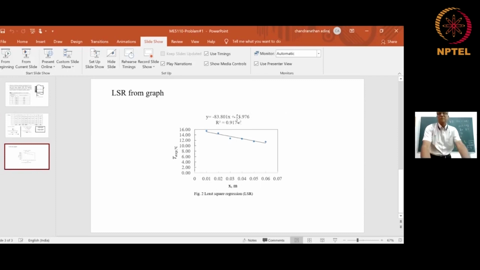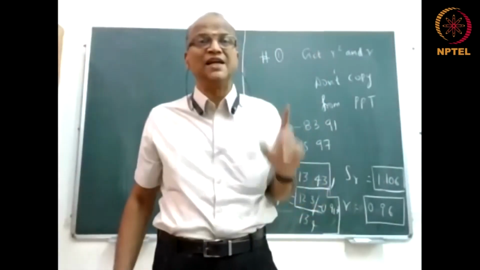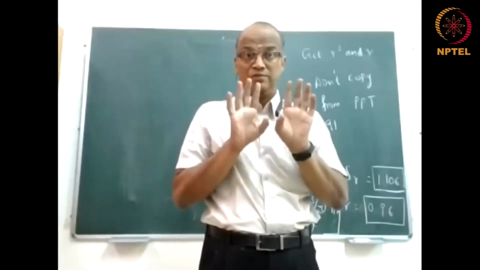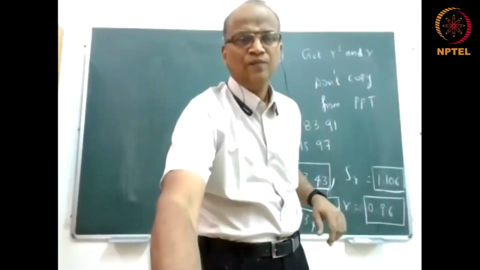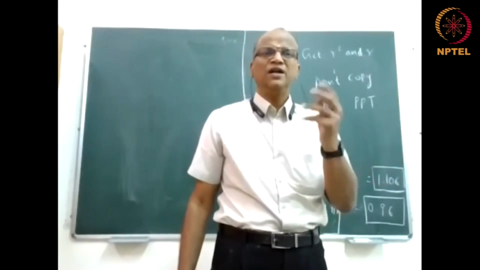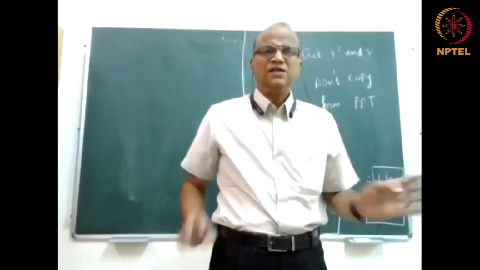Correlation. So I will stop the presentation. Okay. Correlation is different from causality. They are two different things. You can have a high correlation, but it need not be the cause.